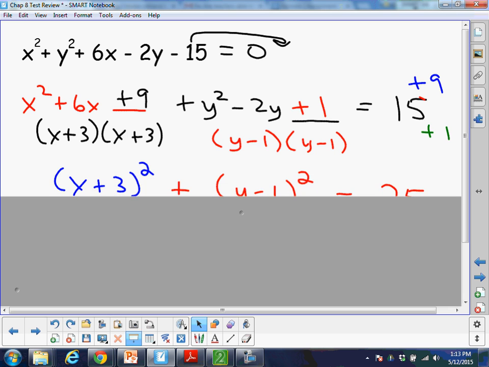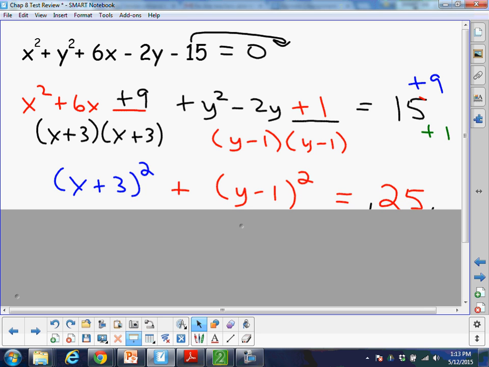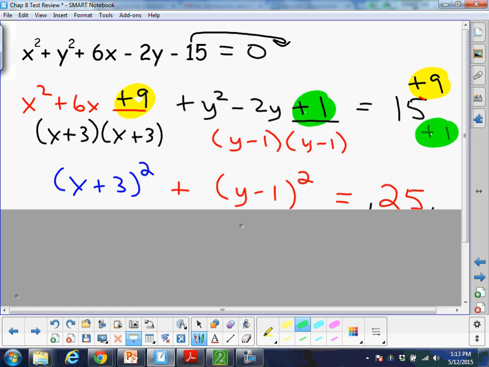And you can kind of verify your work here. X plus 3 all squared plus y minus 1 all squared. Notice that we balanced everything out nicely. I added 9 here, so I'm adding 9 to balance that. I'm adding 1 to the y, so I'm adding 1 to balance that. So the right side ends up being a 25.